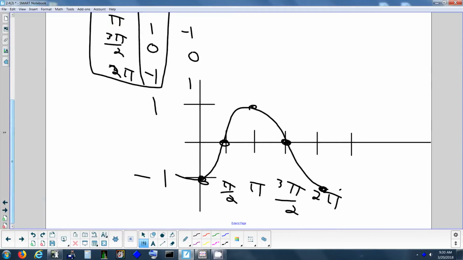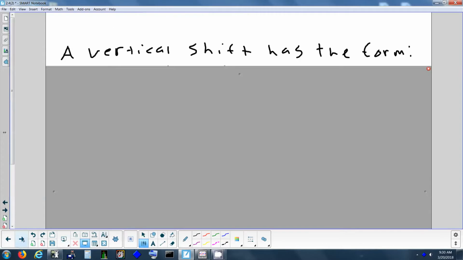All right, so I said the other transformation we're going to do today also affects the y-axis, and that's a vertical shift. Again, very easy transformation to do because we're going to be affecting the y values again. So you're going to have to do arithmetic with a 1, a -1, and a 0.